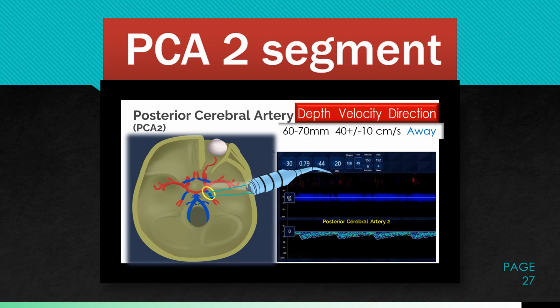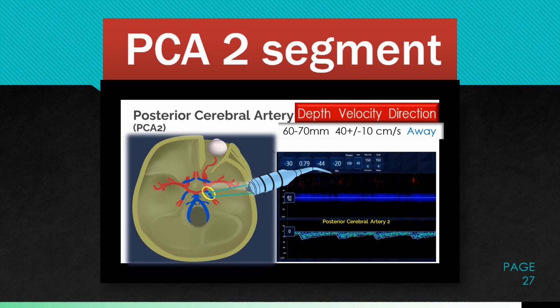You will continue to angle your probe more posteriorly when you want to identify the PCA2 segment. It is a more drastic posterior angle compared to the MCA-ACA, and even more posterior than when identifying the PCA1 segment.